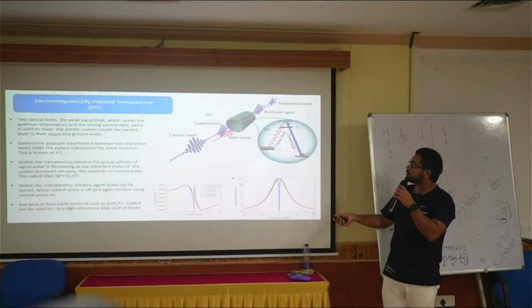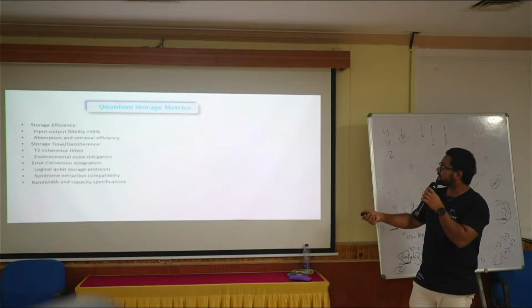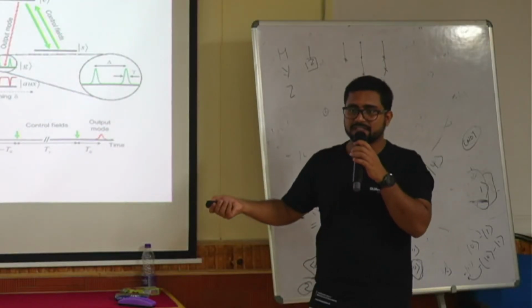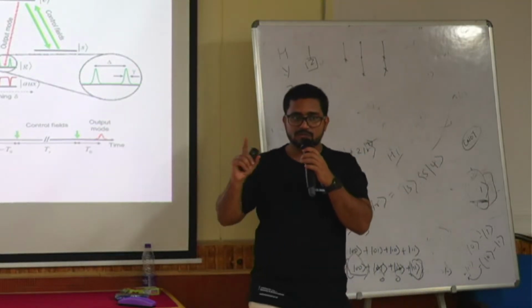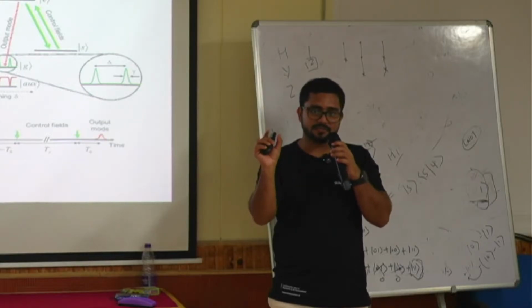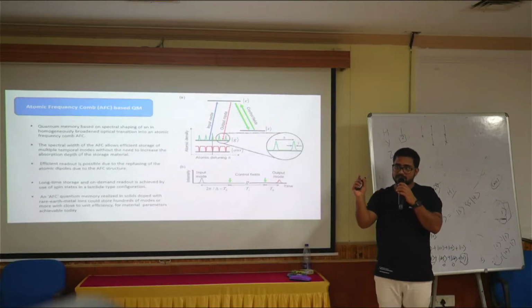I will show you quickly the setup. And there is another thing which is called AFC. So EIT and AFC are two protocols by using which you can create a memory. One memory we have used, which we have developed, is rubidium based. Rubidium is an element, and we used rubidium vapor inside our system.